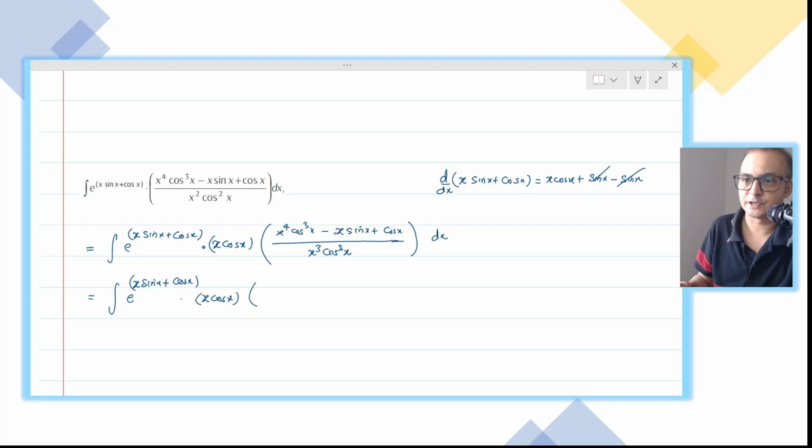If you separate it, this will give you x, the first term, and minus sin x with a minus sign I've taken, so there will be x sin x minus cos x, and this is x cube cos cube x. I have not done anything in this part.